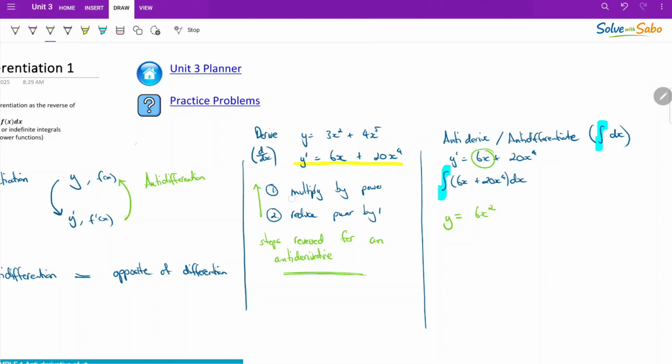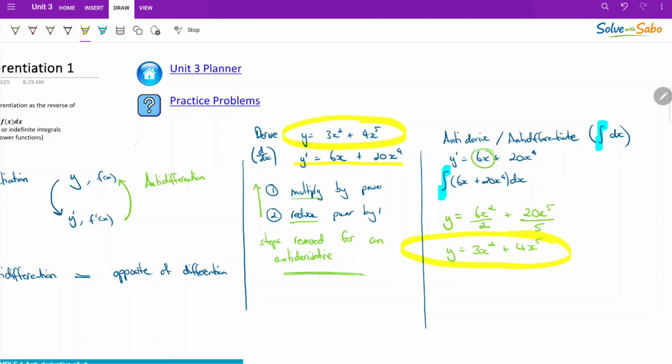Then I'm going to divide by my power. Divide by 2. For the next one, I'm going to increase my power by 1, 20x to the 5. Then I'm going to divide by my power, 5. Now, I can simplify these little pieces to get 3x squared plus 4x to the 5. And as you'll see, this original function is what we have resulted in.